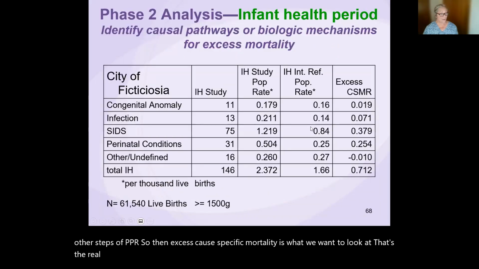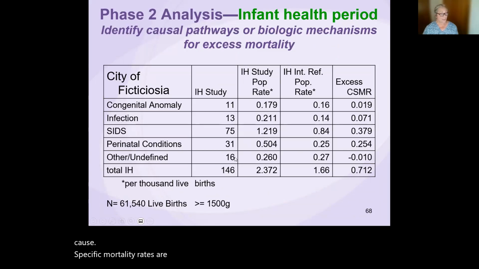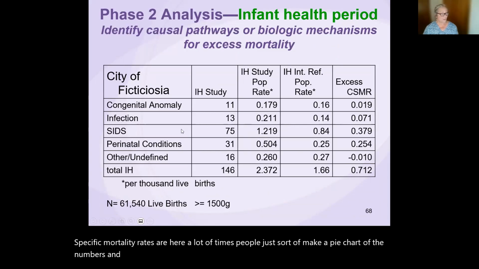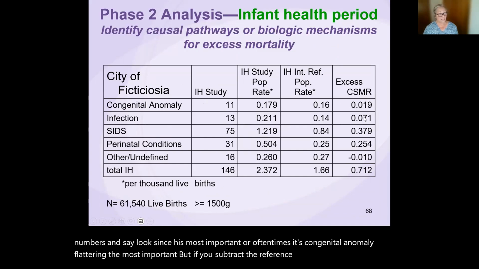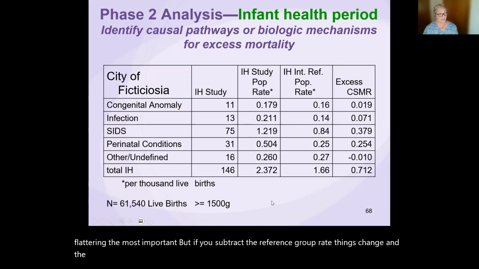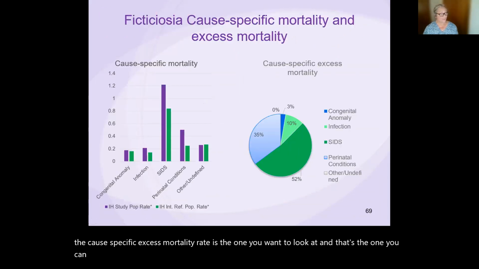And this is an example of how that works. The cause-specific mortality rates are here. A lot of times people just make a pie chart of the numbers and say, look, this is most important. Or oftentimes it's congenital anomalies that are the most important. But if you subtract the reference group rate, things change, and the cause-specific excess mortality rate is the one you want to look at. And that's the one you can make pie charts for.